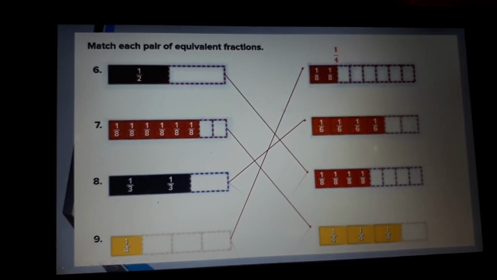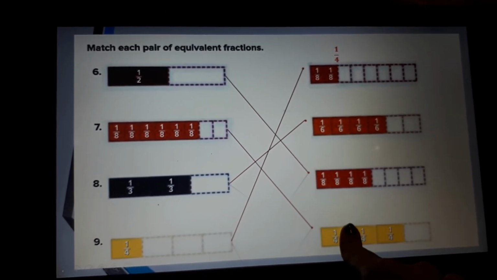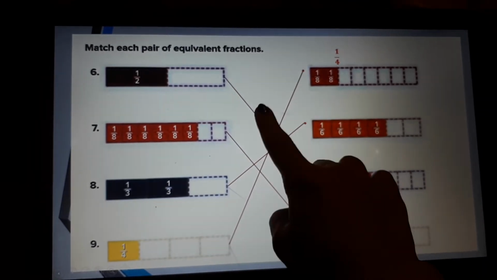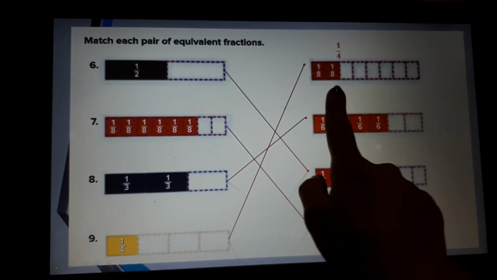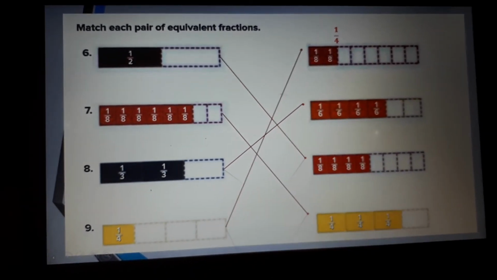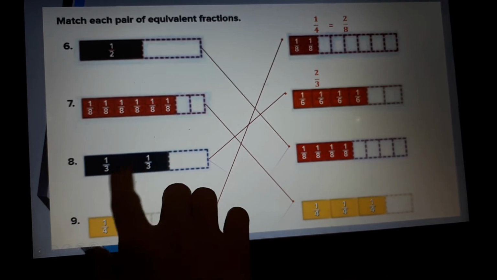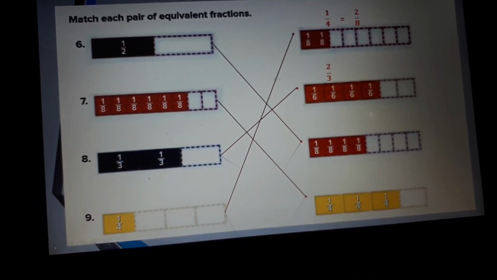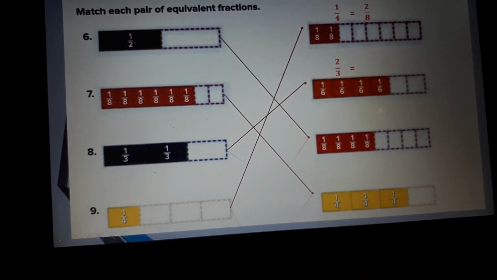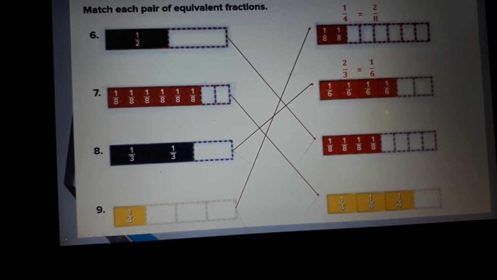Now I want you to hold your pencil and start writing above each one the two fractions that are equivalent. So here 1 over 4, which is this one, equals 2 over 8. And then 2 over 3 equals how many sixths? 1, 2, 3, 4. 4 sixths.